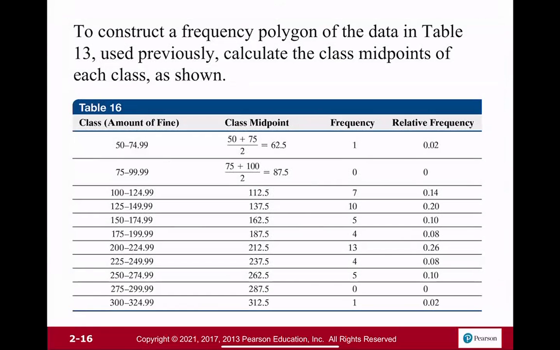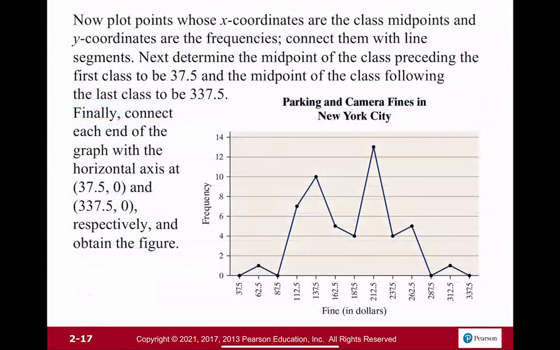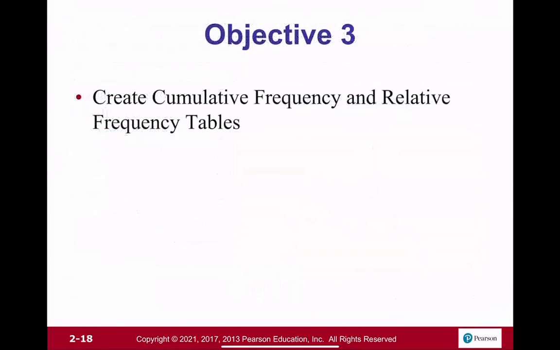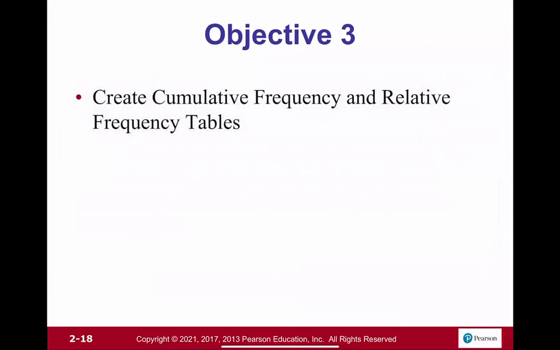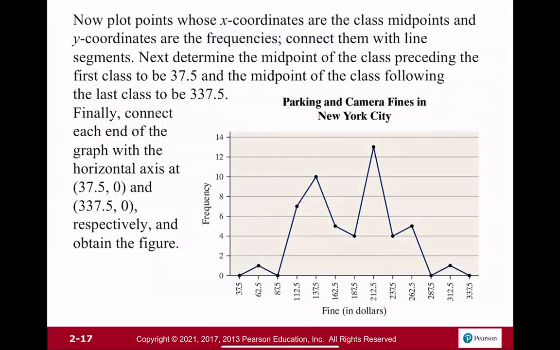So graphing this just the same way we graphed it before. We have these values here. And let's see if we could have, oh, we don't have that. So what we did before, remember our class limits went about like from here to here.